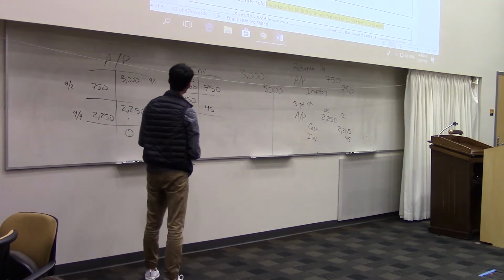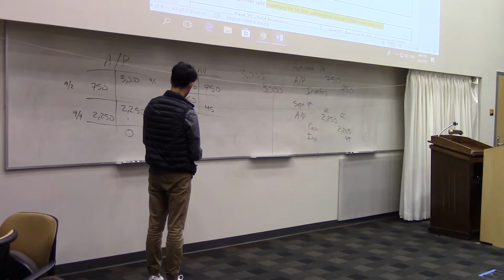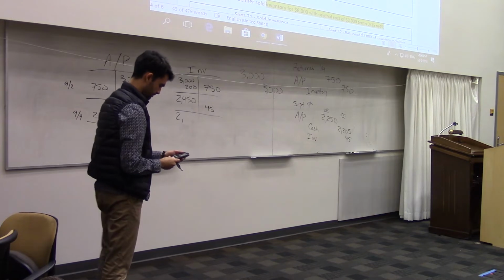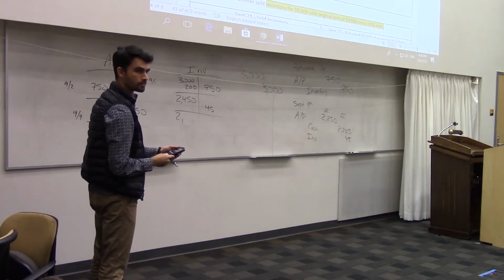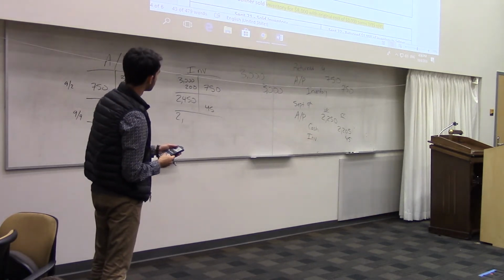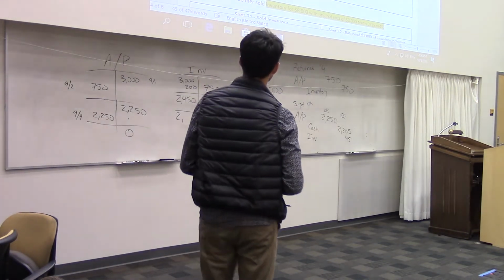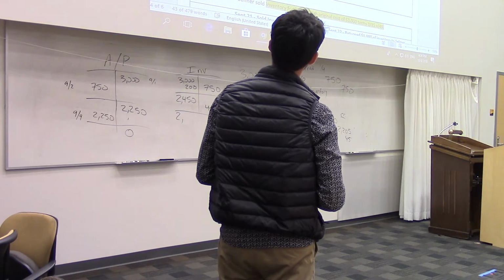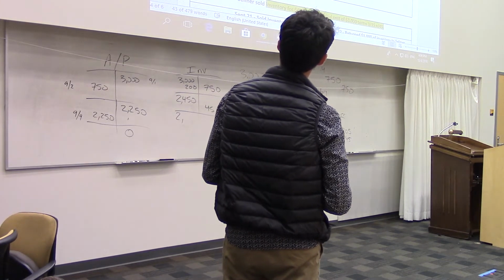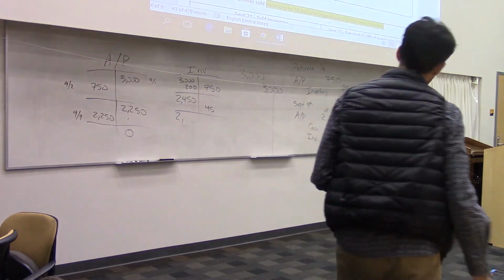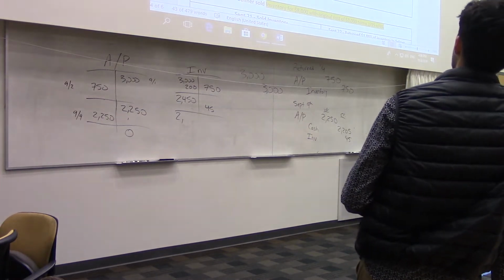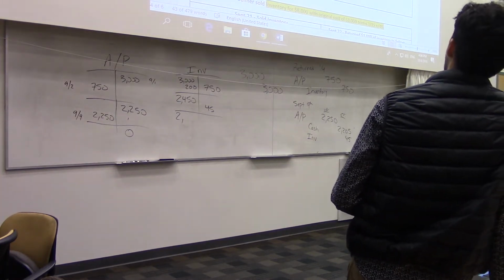Oh wait, does that make sense? We did add the 200 with the inventory. In the inventory, when we subtracted the 750, we did add the 200. Oh, the 200 shipping costs you're talking about.